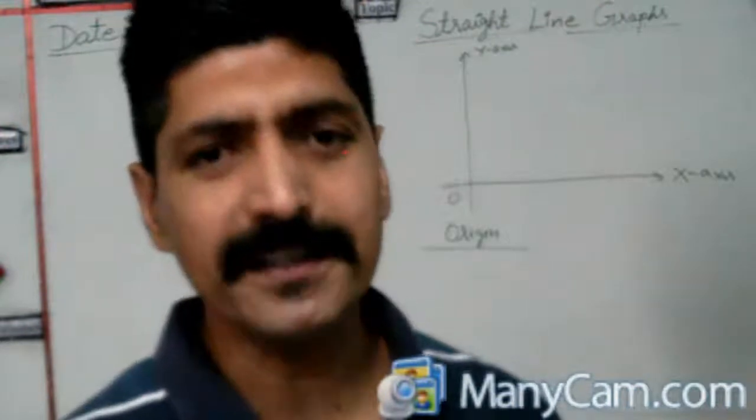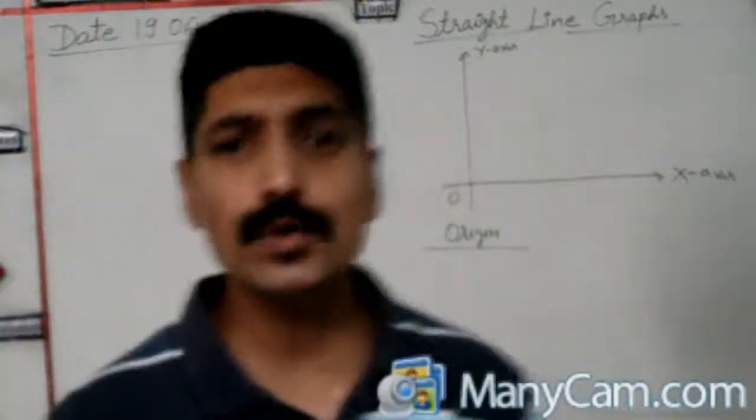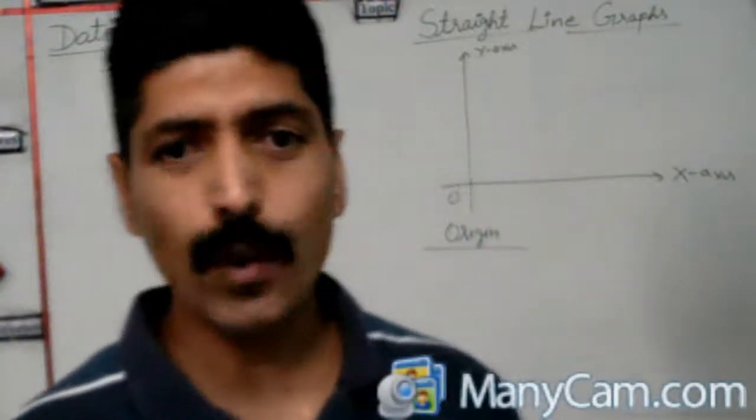So let's start. If we have the Cartesian plane, we are talking about two-dimensional. So O is the origin.